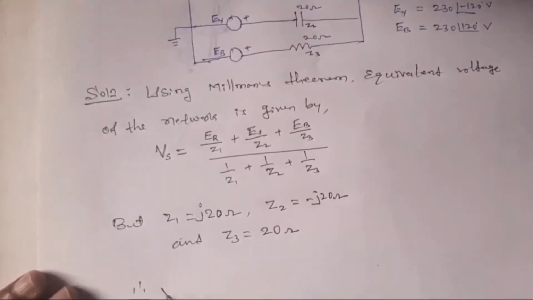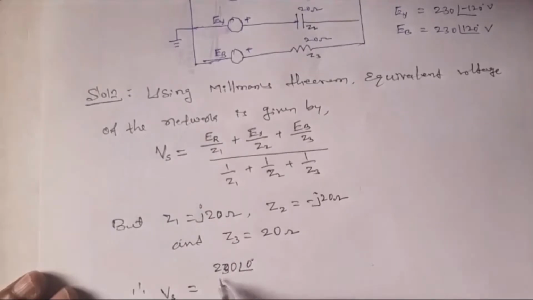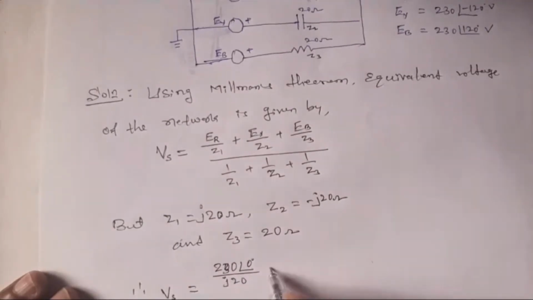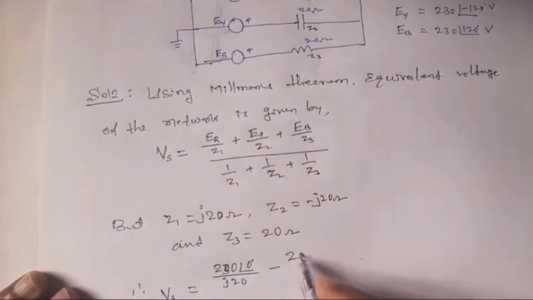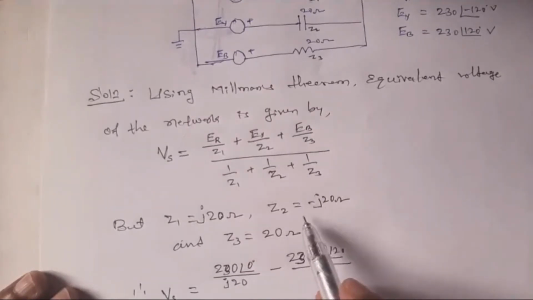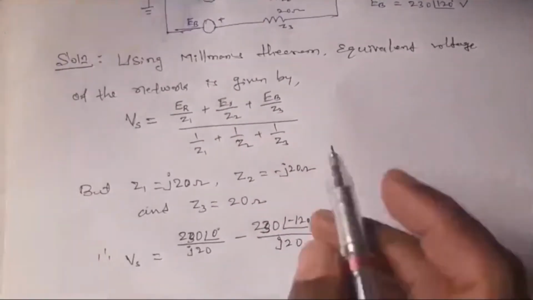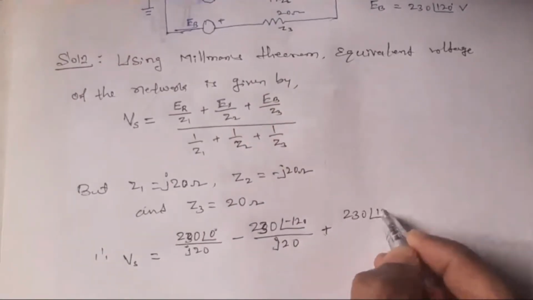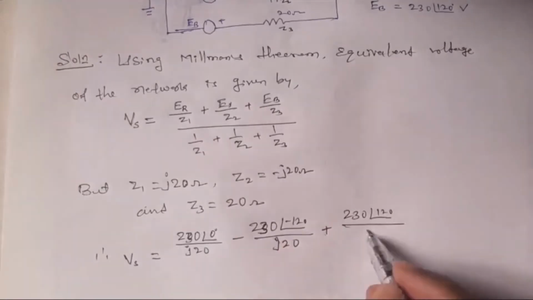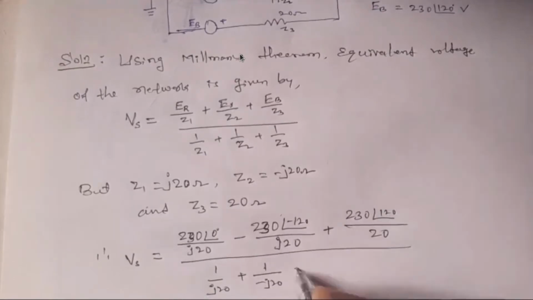Therefore, Vs is equal to ER, 230 angle 0 divided by j20, plus EY, 230 angle minus 120 divided by Z2, which is minus j20, plus EB, 230 angle 120 divided by Z3, which is 20, whole divided by 1 by j20 plus 1 by minus j20 plus 1 by 20.